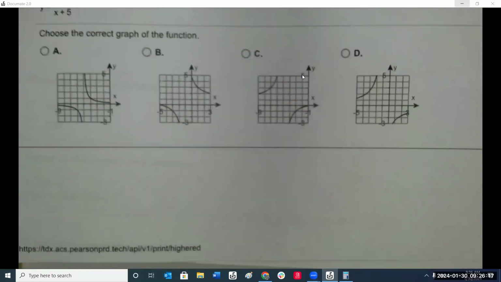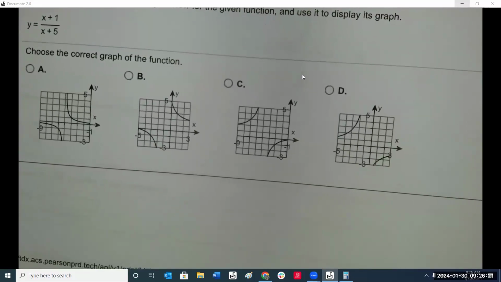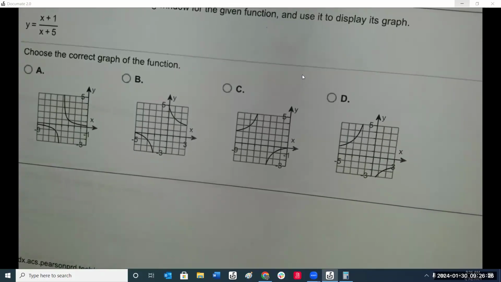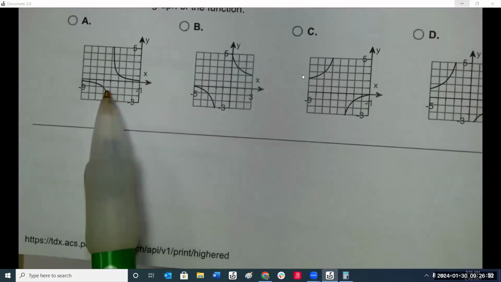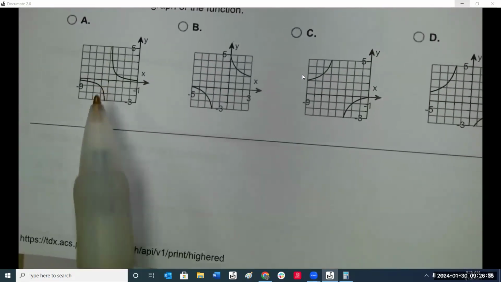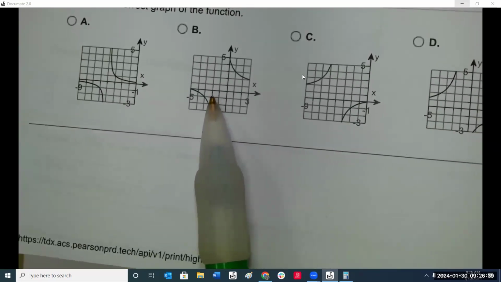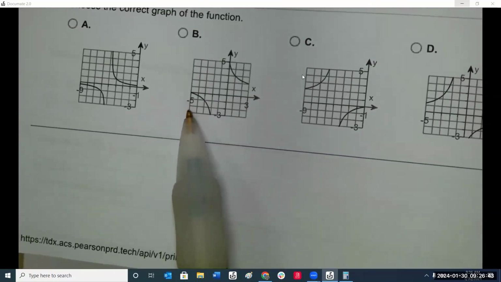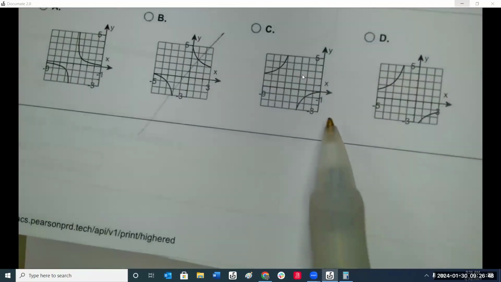Looking at this, which graph or graphs can it not be? This one has a vertical asymptote at -5. It can't be B because the vertical asymptote should be at -5, and that's not the right location.